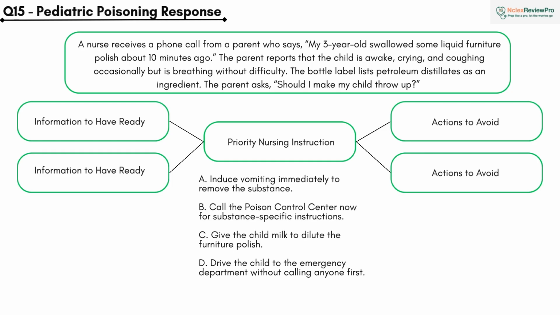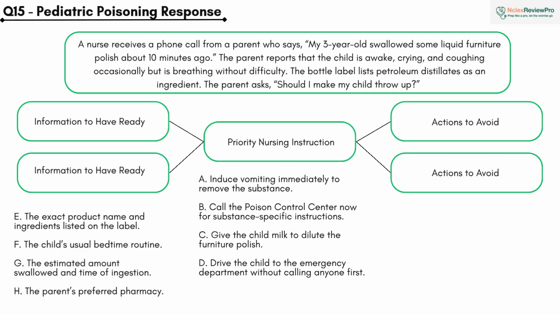For the priority nursing instruction, the options are: Option A, induce vomiting immediately to remove the substance. Option B, call the Poison Control Center now for substance-specific instructions. Option C, give the child milk to dilute the furniture polish. Option D, drive the child to the emergency department without calling anyone first.